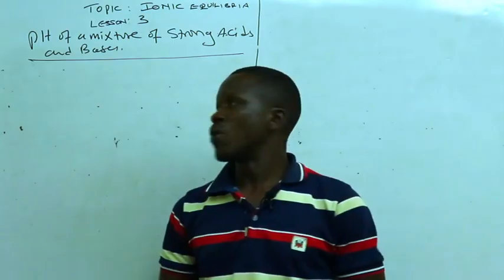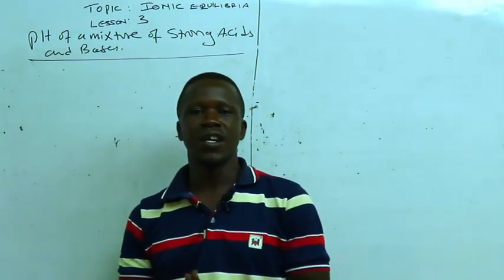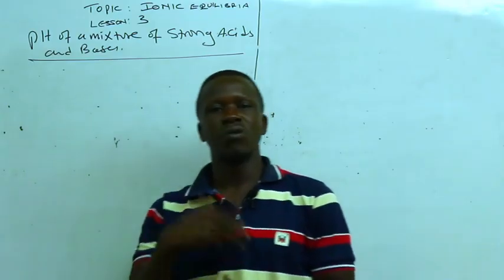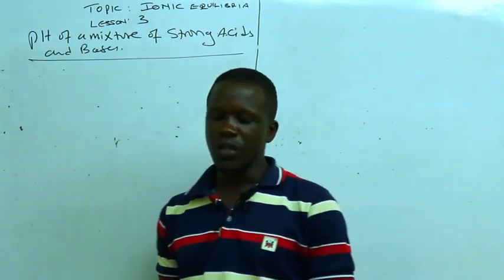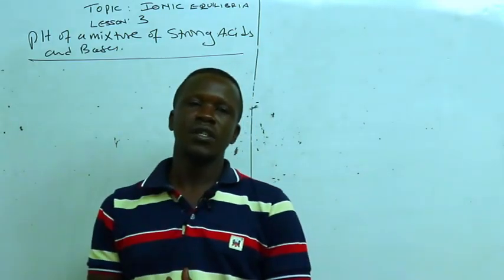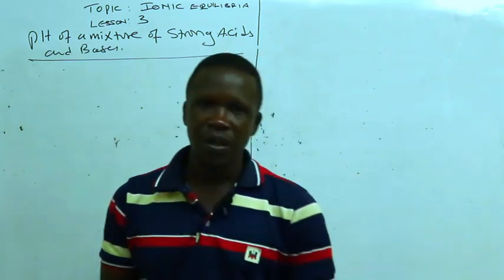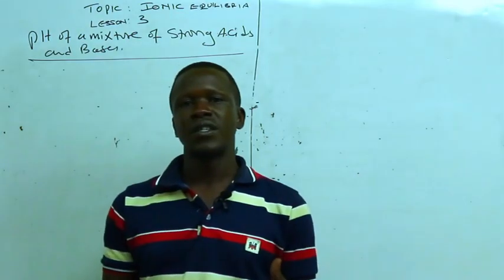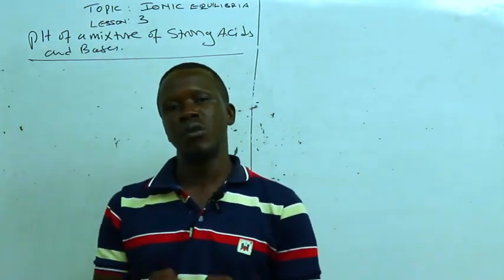So when the salt does not hydrolyze, that means the pH is likely to be exactly 7. However, once an acid or a base remains in the mixture as an excess, then it will finally determine the pH of the solution. So we are given questions where a mixture is formed, and the number of moles mixed cannot react completely for complete neutralization to occur.